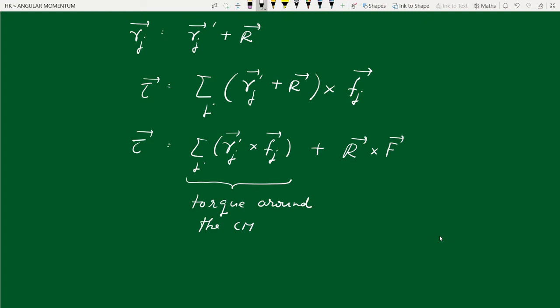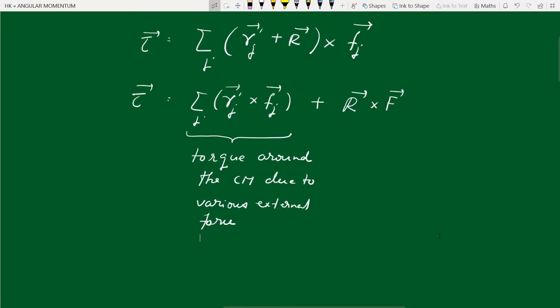So this is the total torque with respect to the center of mass due to various external forces, each Fj being the total external force on the jth particle.